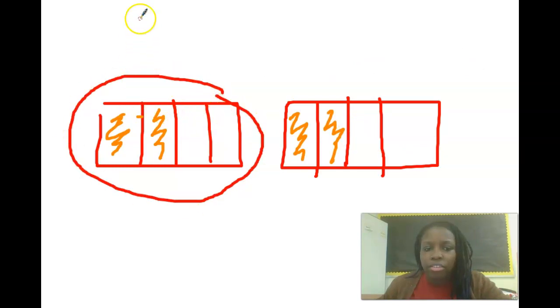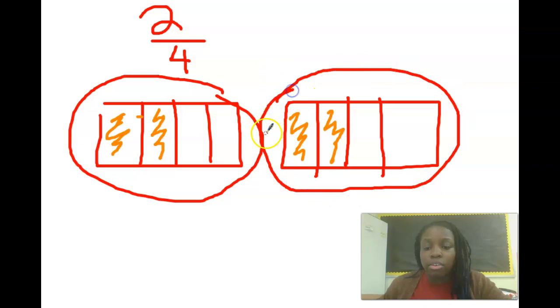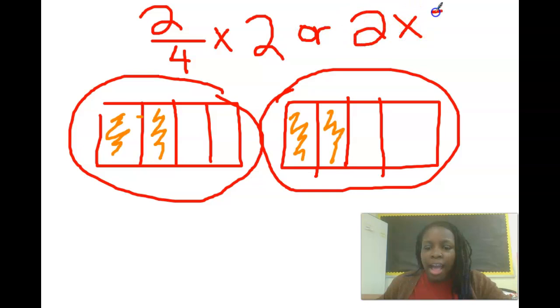All right, this fraction is 2/4. Good. Now, 2/4, how many 2/4 are there? Because this is 2/4 also. Good, there's 2 of them. So 2/4 times 2 is a multiplication problem, or 2 times 2/4, same thing, okay?